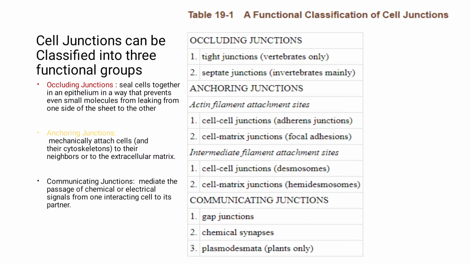The second one is the cell-matrix junctions, or the focal adhesions. In the intermediate filaments, we have the cell-to-cell junctions, otherwise termed desmosomes. The second one is the cell-matrix junctions, otherwise termed hemidesmosomes. And lastly, we have communicating junctions: the gap junctions, the chemical synapses, and the plasmodesmata, which is for plants only.